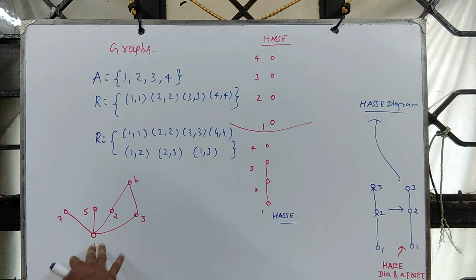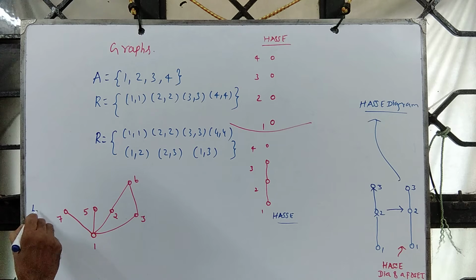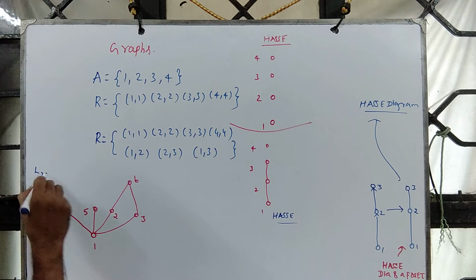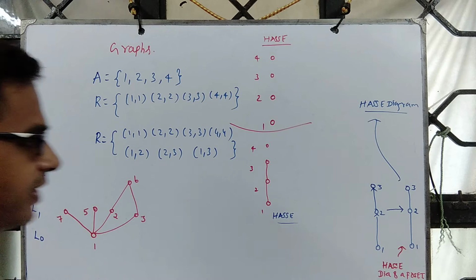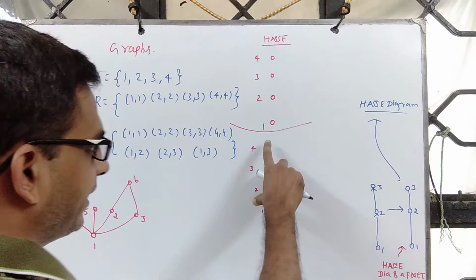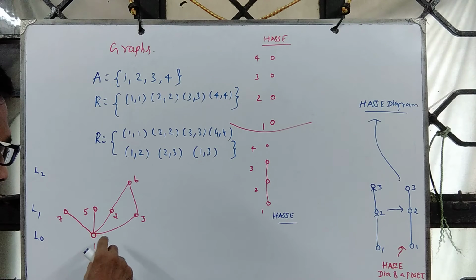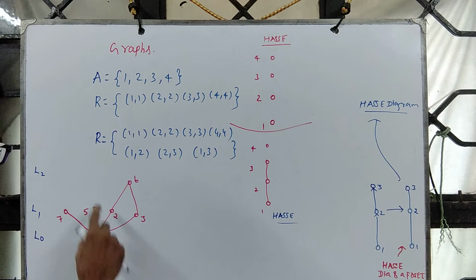So this is a Hasse diagram because we are able to arrange them in levels. Over here it's not like a chain. Instead, the arrangement gives you that these vertices are at level 1, these vertices are at level 2 and so on. A simple relation will have a chain like this, but for a non-trivial relation, you have vertices in L0, vertices in L1 and vertices in L2 and so on.